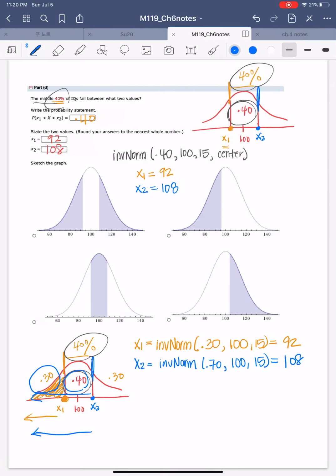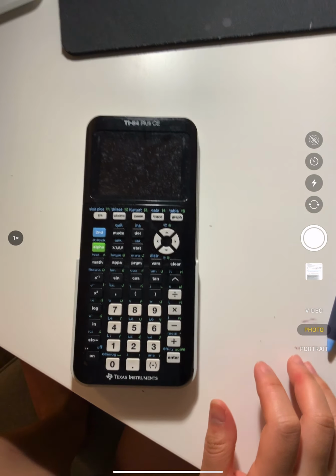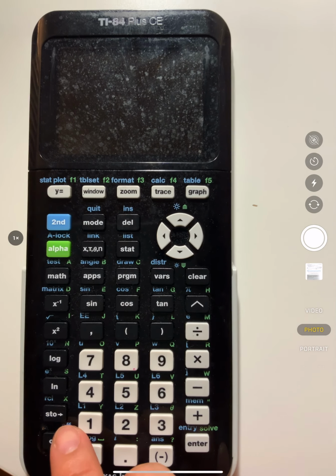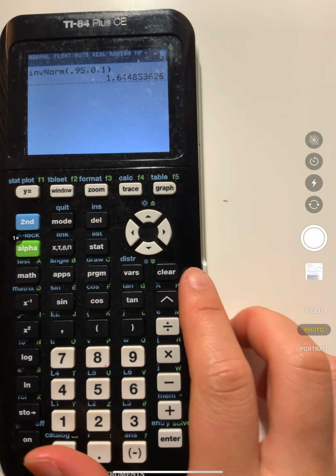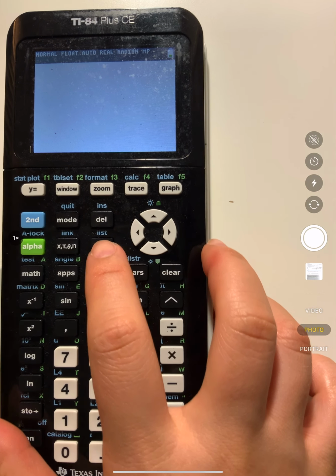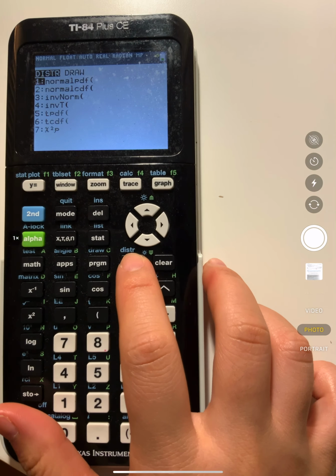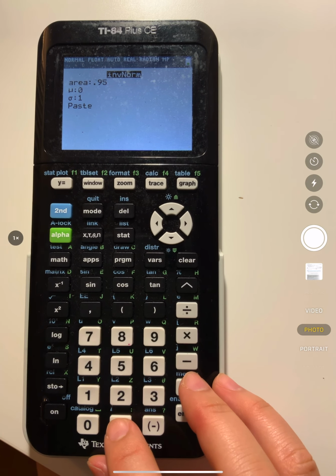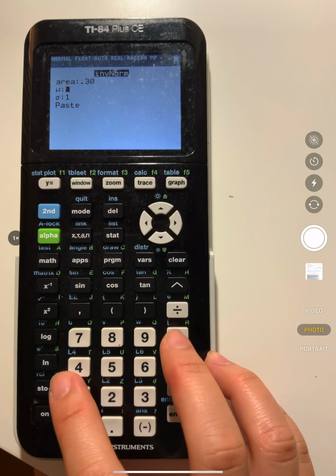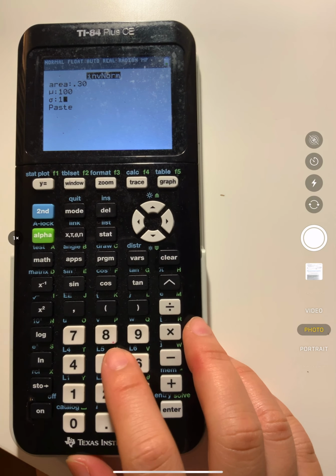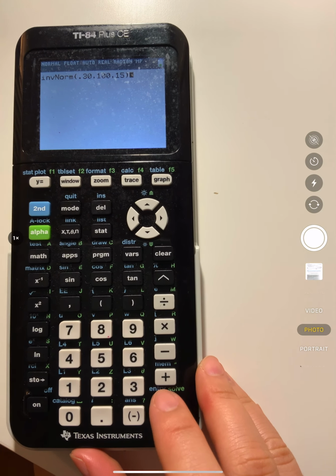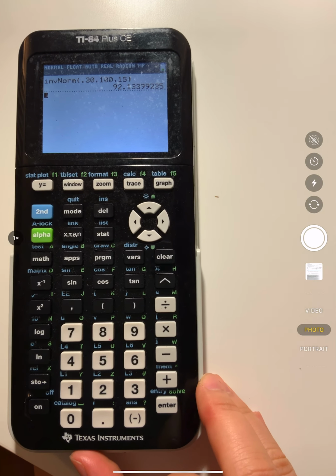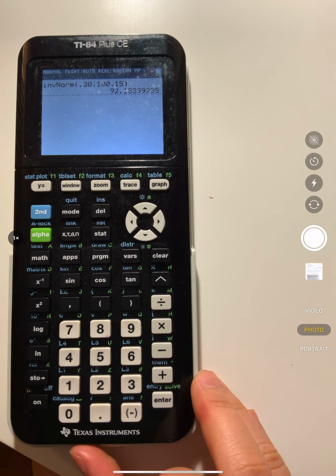So let's check with the calculator. So I pull out this calculator. Let me clear it. Second, vars, inverse norm. The first one was 0.30, 100, 15. I should have a 92. There, 92. x2 was 108, right?